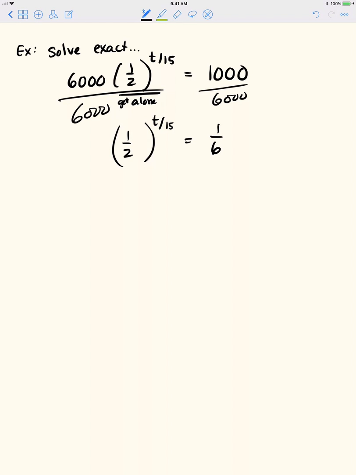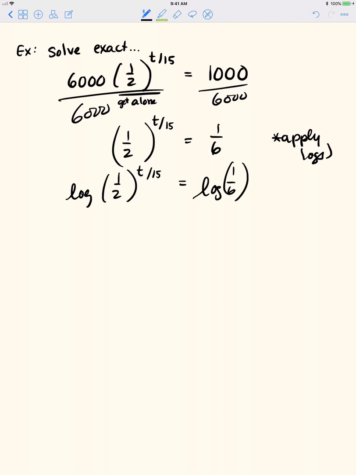I'm going to use a logarithm here. You could use a natural logarithm if you wanted to, but there's no e, so I'm not compelled to use it. I'm just going to apply logs to both sides, and that gives me the log of 1/2 to the t over 15th power equals the log of 1/6.